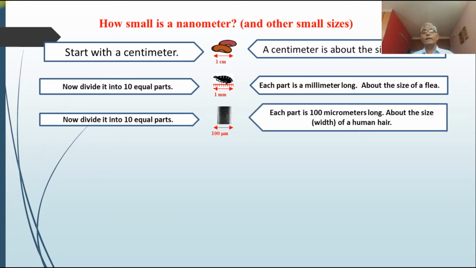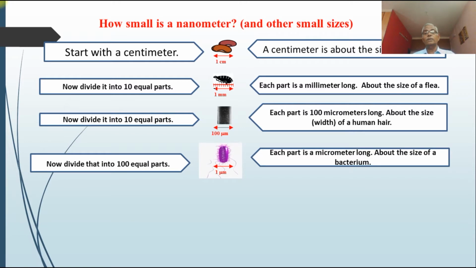Now again we divide that 1 millimeter into 10, so 1/10 of a millimeter is about 100 micrometer long. 1 micrometer is 10 to the power minus 6 of a meter, about the width of a human hair.